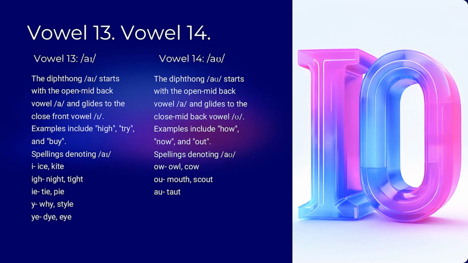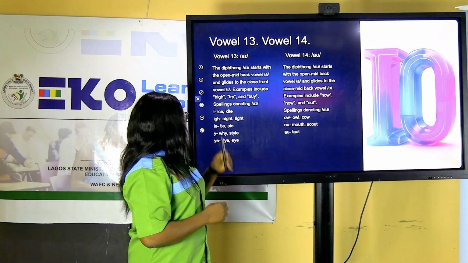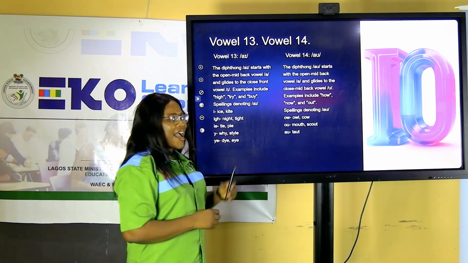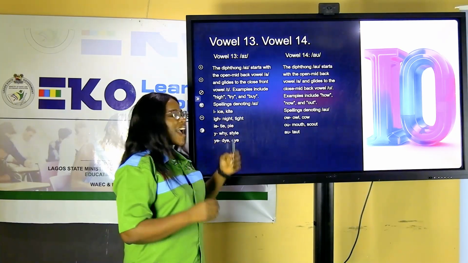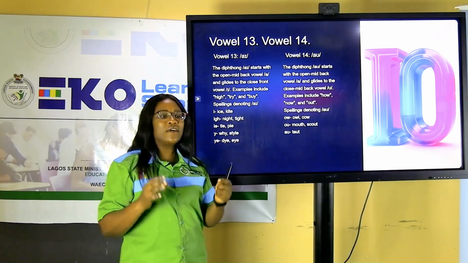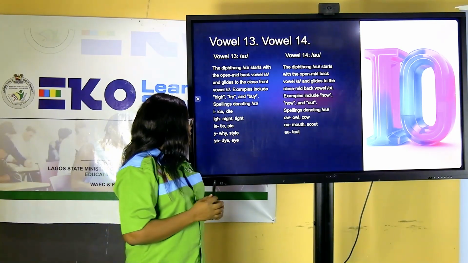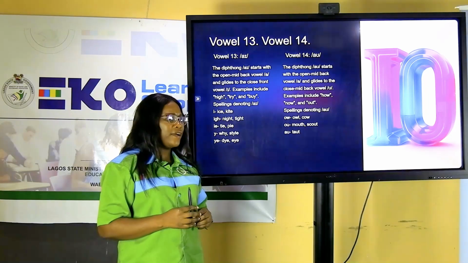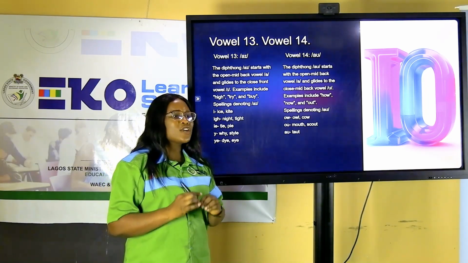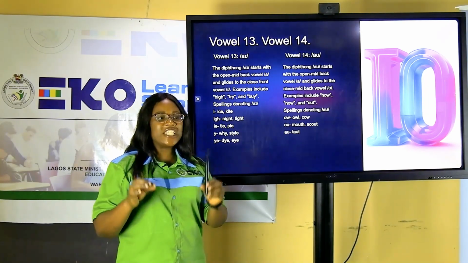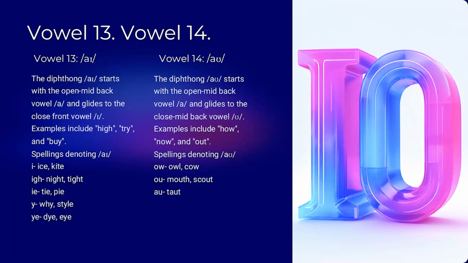Spellings denoting /aɪ/: letter I, in the word ice, in the word kite. We can see the sound in these two words. We also have other words there. It also sounds when we have IGH, in the word night, in the word tight.